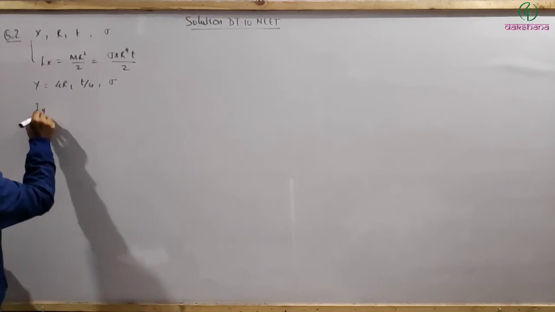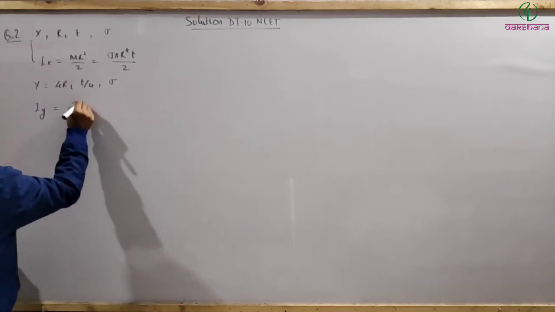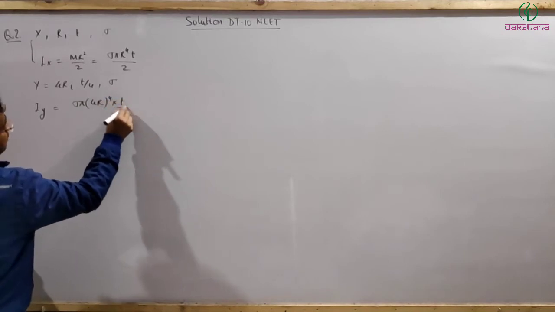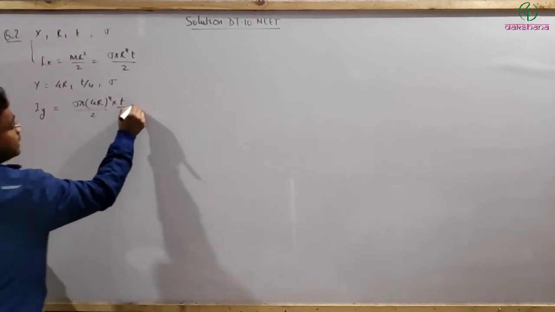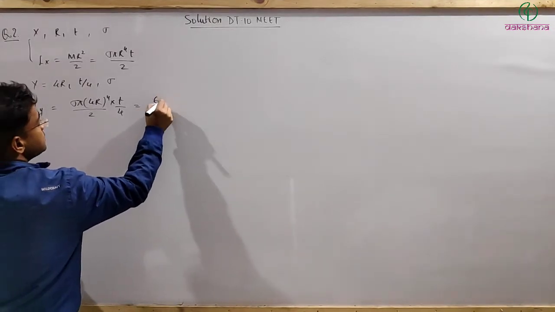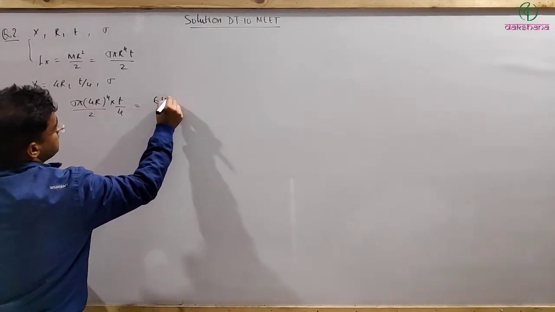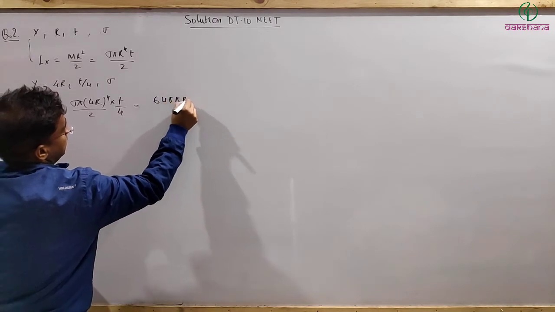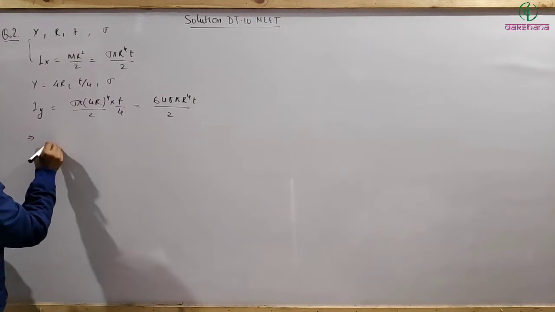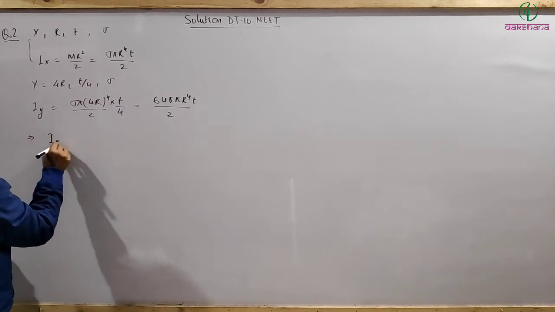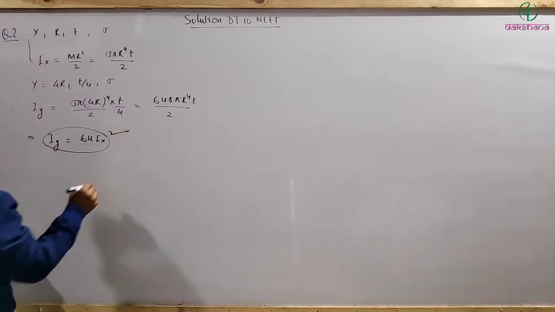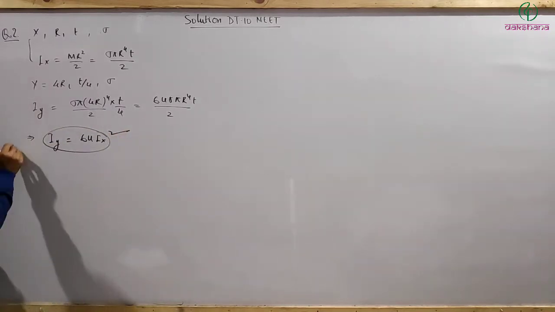So Iy can be written as sigma pi into 4r power 4 multiplied by t by 4 divided by 2, and that will be basically 64 sigma pi r power 4 into t divided by 2, and this implies Iy is equal to 64 times Ix. So this is the answer to the problem, matches with option 1.